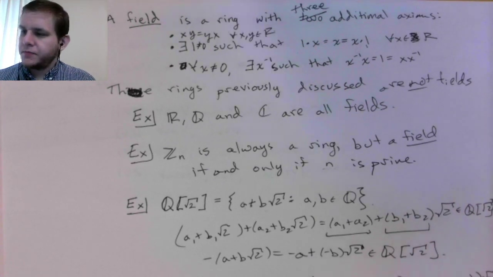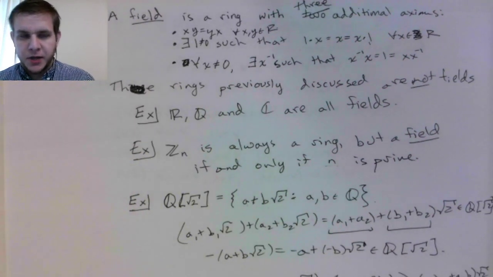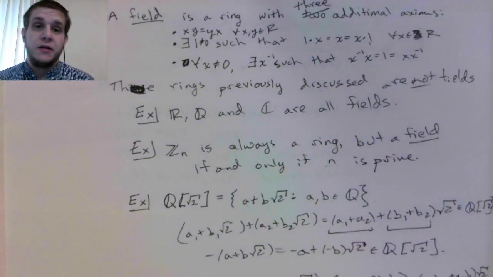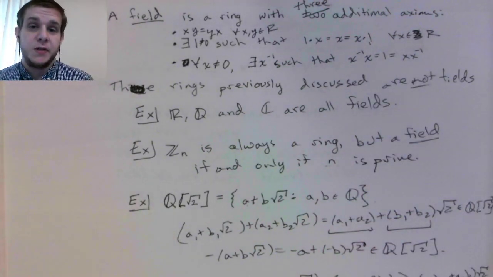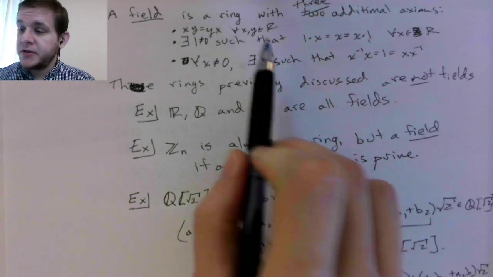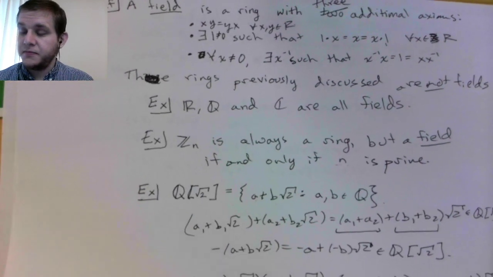Okay. So this is a field. Again, to recap, a field is just a ring with these additional axioms that make it have multiplicative inverses, basically. It has to have a multiplicative identity and a multiplicative inverse, and it needs to be abelian, the multiplication.